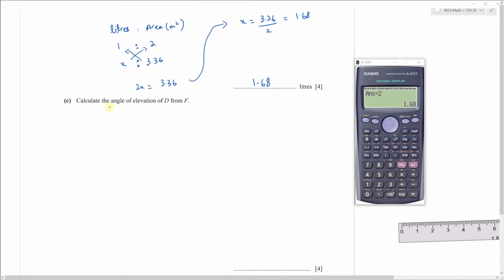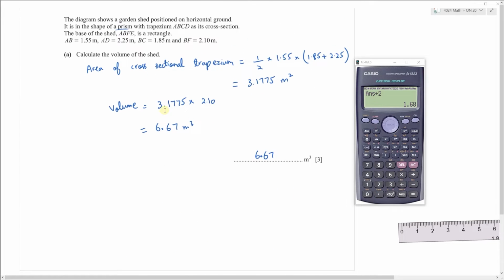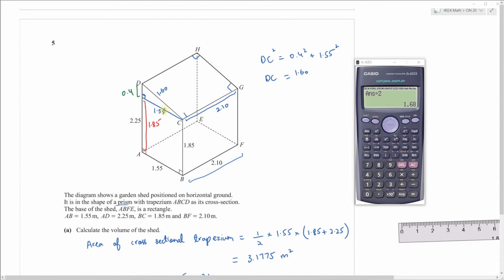Part C is calculate the angle of elevation of D from F. So, angle of elevation of this point D from this point F. So let me erase everything else.